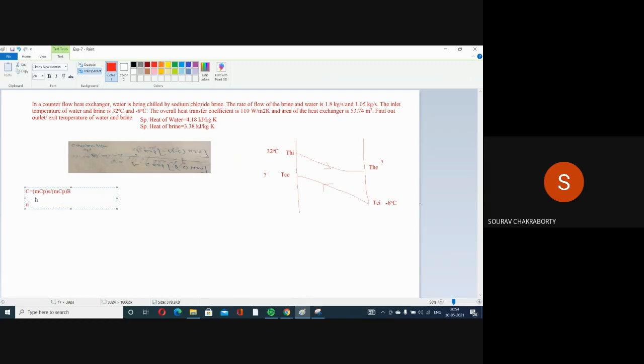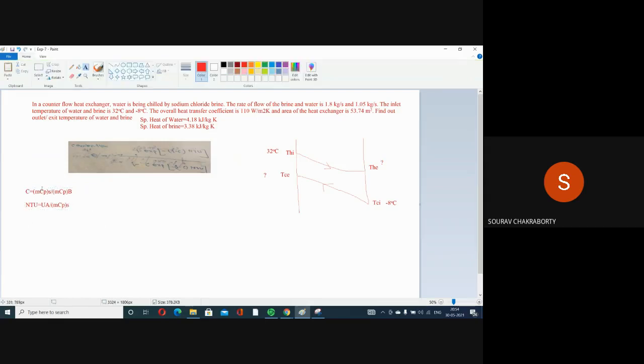And NTU equals U into A divided by MCP minimum, that we know. So first of all, you need to determine the values of MCP for the water and MCP for the brine. So we'll calculate it.